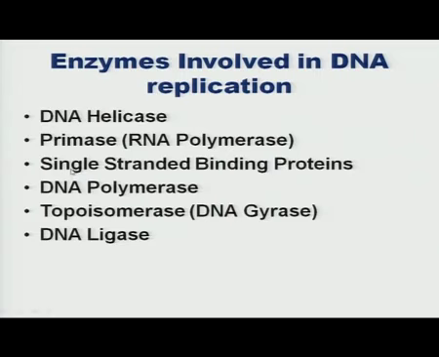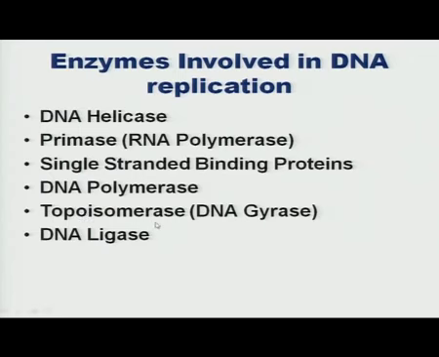The next protein is single-strand-binding protein, mainly to stabilize the single-stranded DNA so that it cannot re-anneal after its separation. DNA polymerase, without which the DNA cannot be replicated. So, polymerization of DNA will occur only with the help of DNA polymerase.